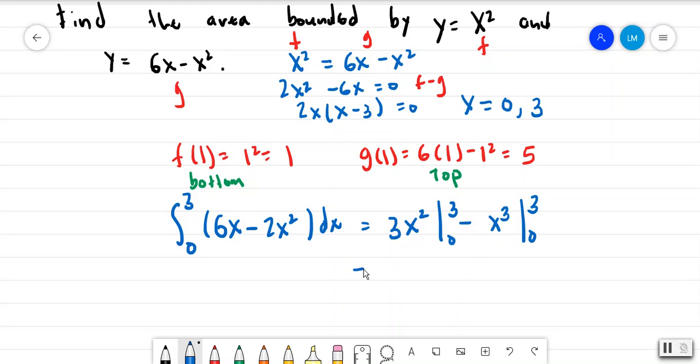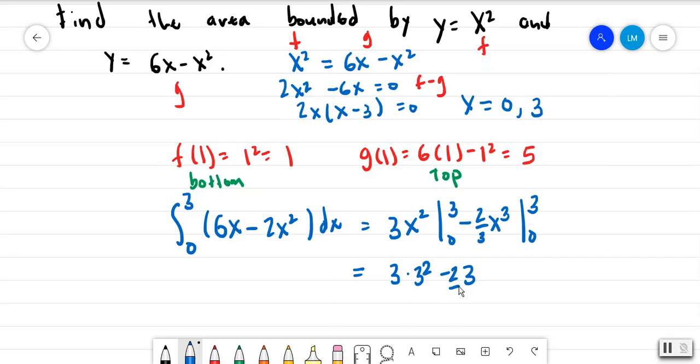Now when you plug in your answer, you're going to get that this is going to be 3 times 3 squared minus 3... actually there should be a 2/3 there, yeah. Because if you add a power back, that should be 2/3.